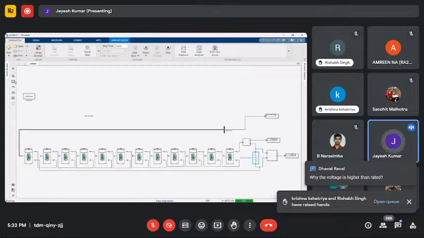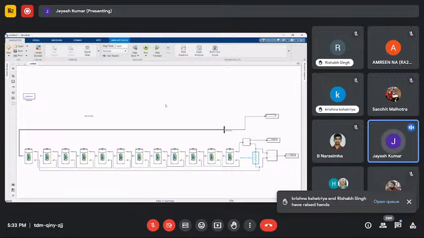But if the battery pack has a different parameter like 2C or maybe 0.25, then as per your requirement, you can go for the designing part of this battery. So we'll move forward. I hope you get the circuit part.